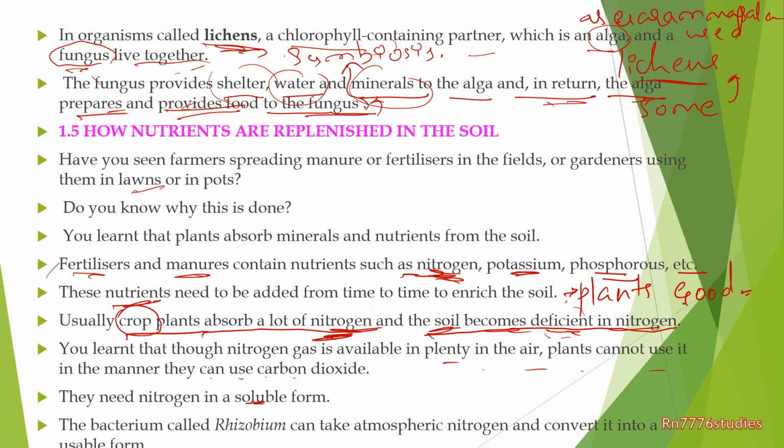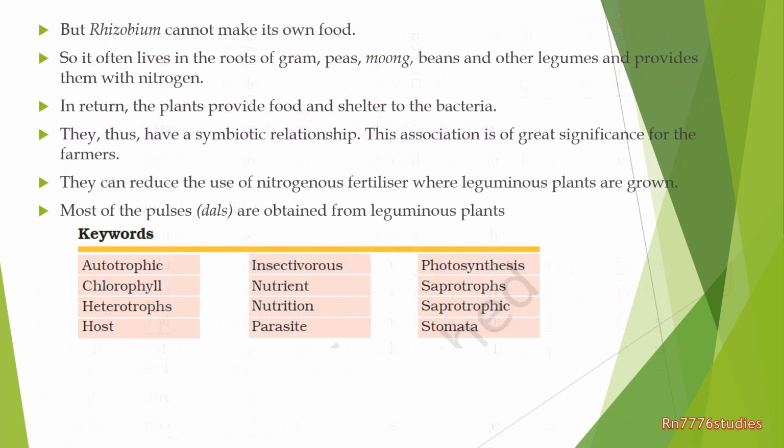The bacterium called Rhizobium, as I said before also, is responsible for nitrogen in plants; it can take atmospheric nitrogen and convert it into a usable form. But Rhizobium cannot make its own food, though it is helping plants to get nitrogen. I mean, it's preparing and giving.